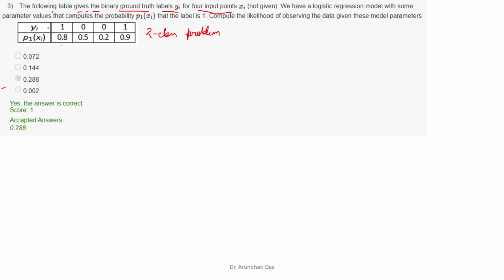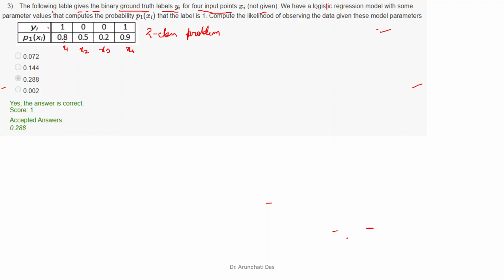So there are 4 input points, x1, x2, x3 and x4. But these input values are directly not given. What is given is some probability values.